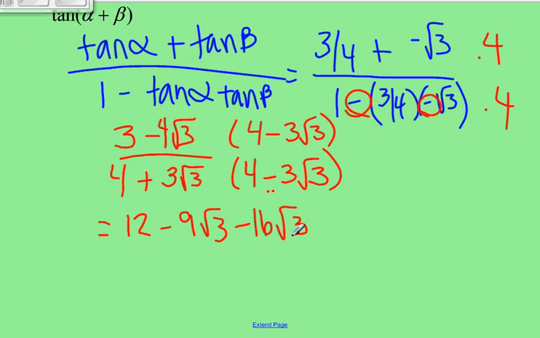And then negative 4 root 3 times negative 3 root 3 is going to be positive 36. On the bottom, we're going to have 16 minus 27. Okay.